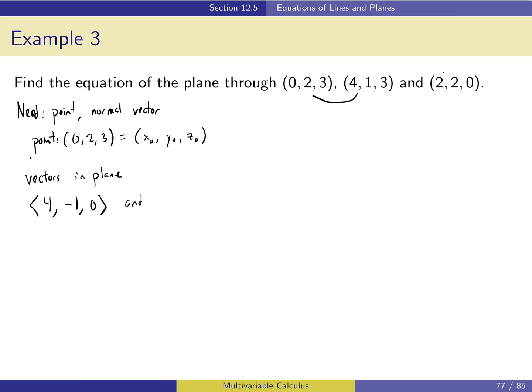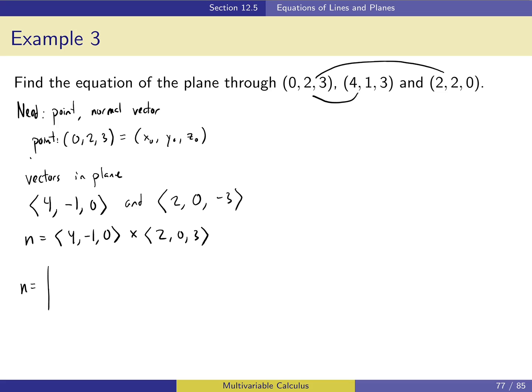And we could also take the vector between these two. From 0 to 2, we go 2. From 2 to 2, we go 0. And from 3 to 0, we go -3. So here are two vectors in the plane. Anything perpendicular to both of these is going to be normal to the plane. So we could derive our normal vector as (4, -1, 0) cross (2, 0, -3). Let's compute this cross product.